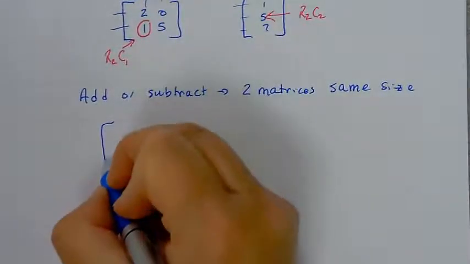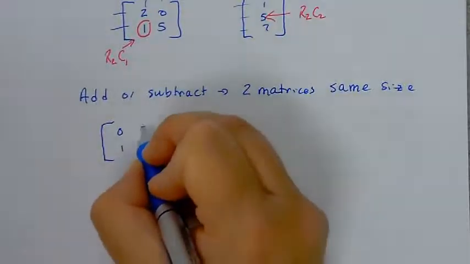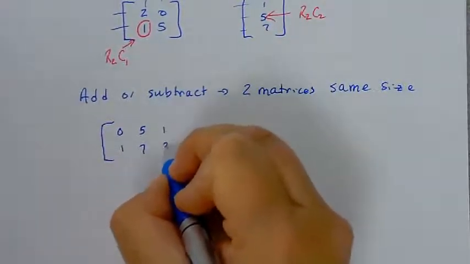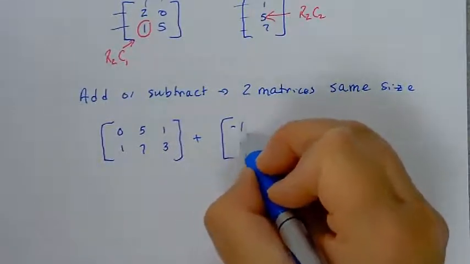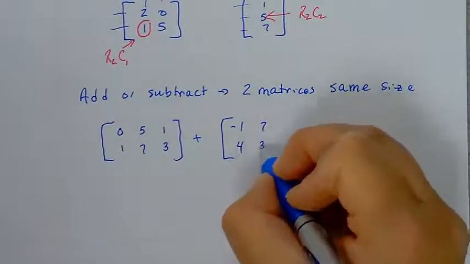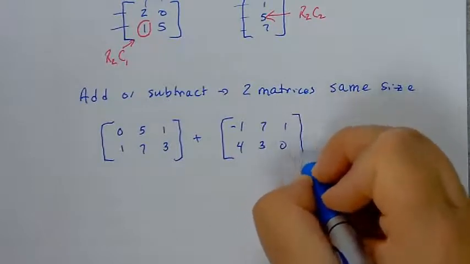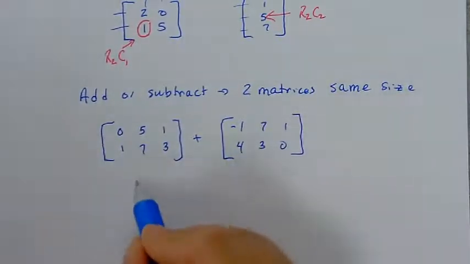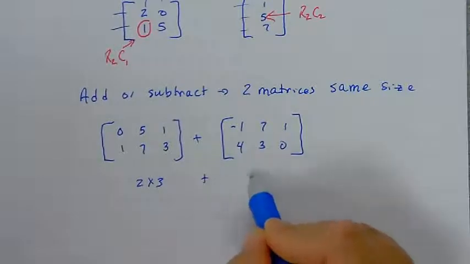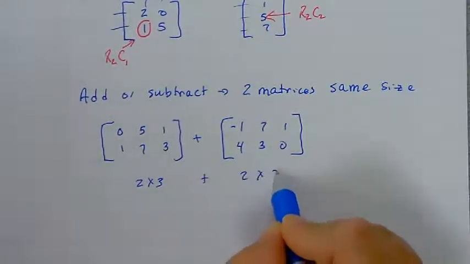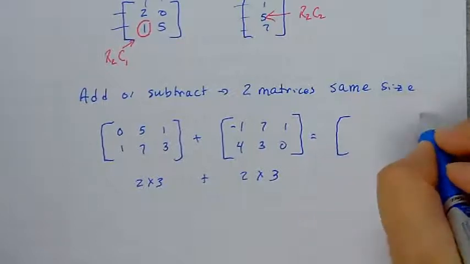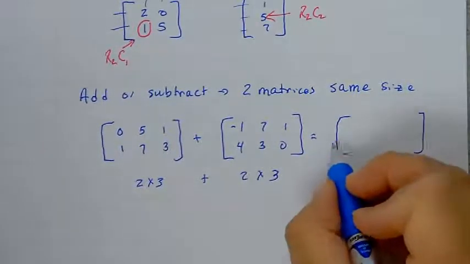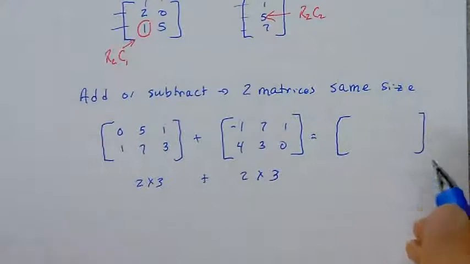So let's just make up a couple of matrices here. So what I have is a 2 by 3 adding a 2 by 3. So that means that the answer is also going to be a 2 by 3. It will have 2 rows and 3 columns.